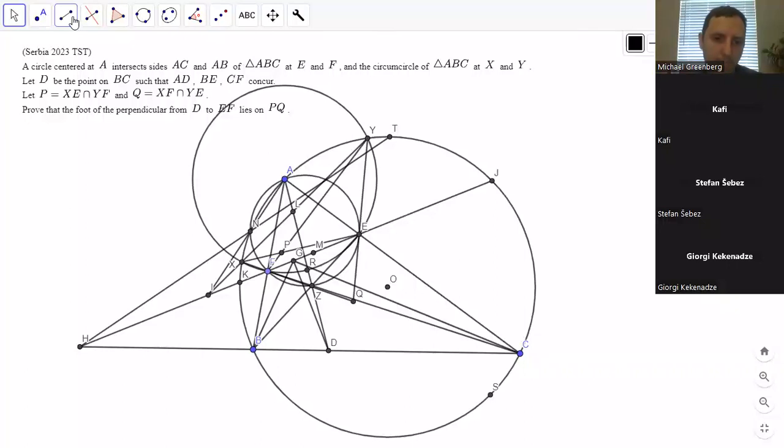So yeah, how do we know T, N, and H are collinear?